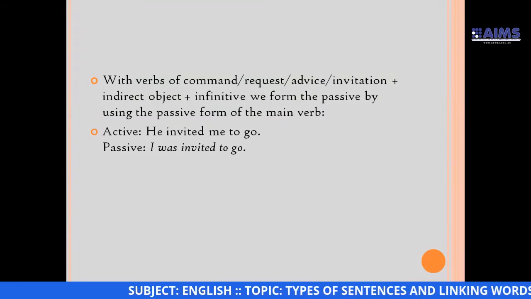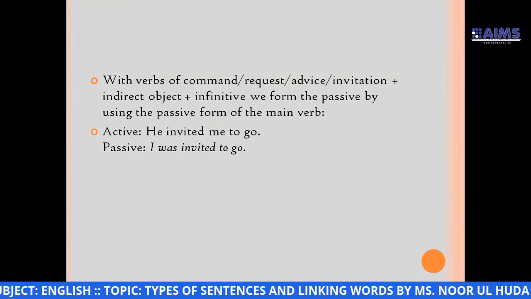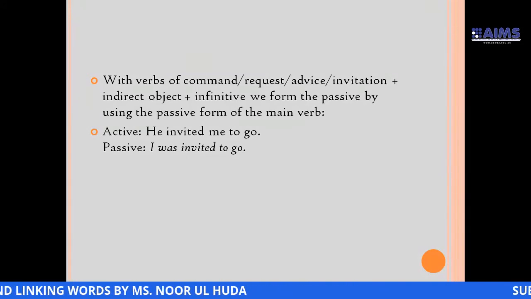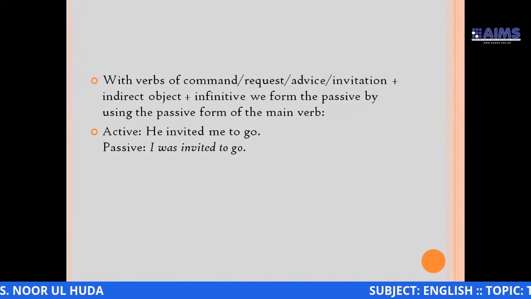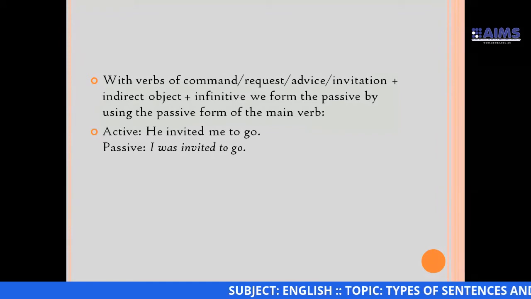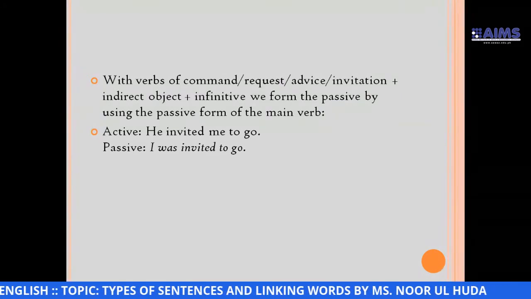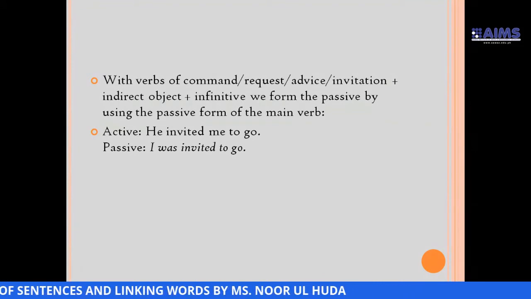We form the passive by using the passive form of the main verb, means whatever the main form is, we need to change into the third form of the verb or the passive form of the verb, along with the helping verb, which denotes which tense is used.